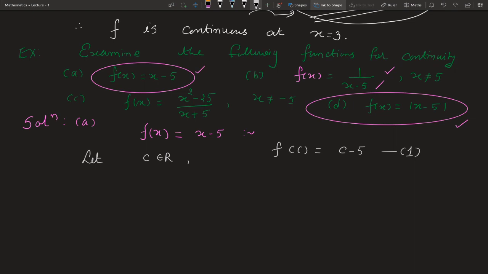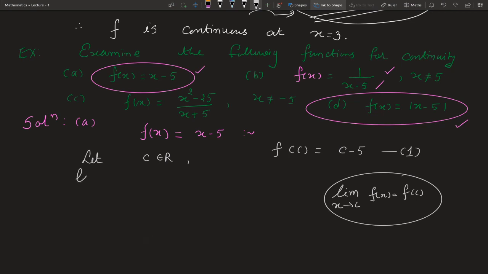Now to check the continuity at C, as we know, we have to check limit x tends to C, f of x equal to f of C. If we are able to prove this, then the function will be continuous at x equal to C, and since C belongs to R is arbitrary, ultimately the function will be continuous on the set of real numbers R.